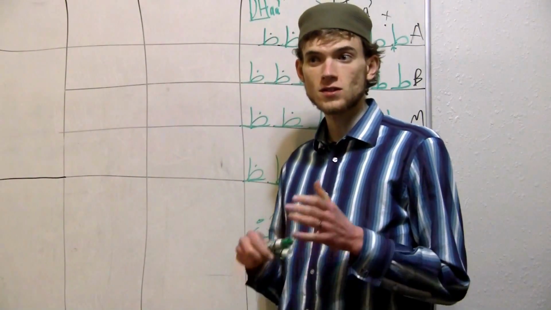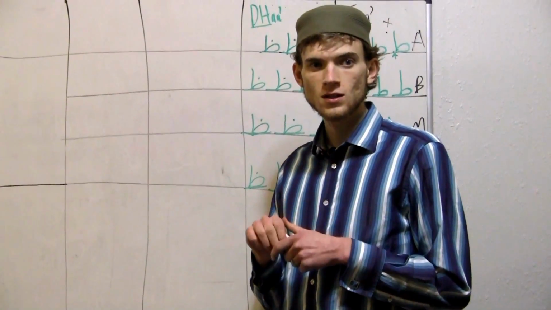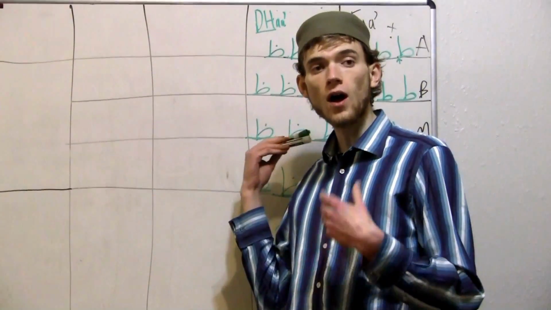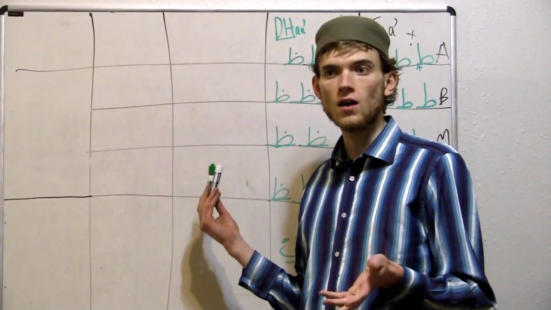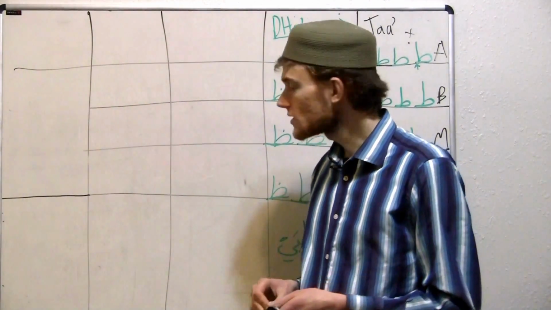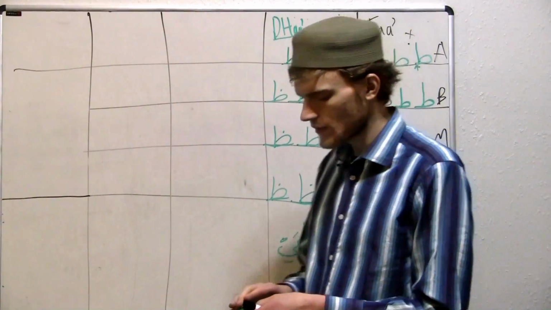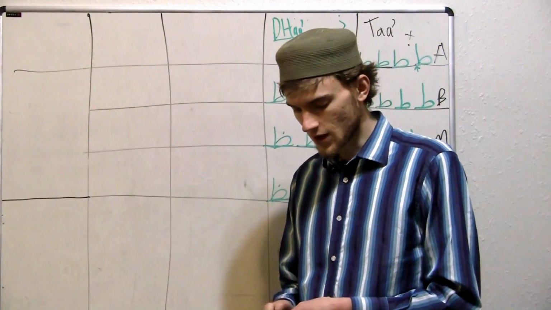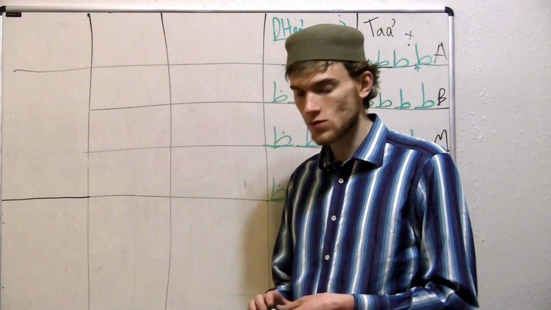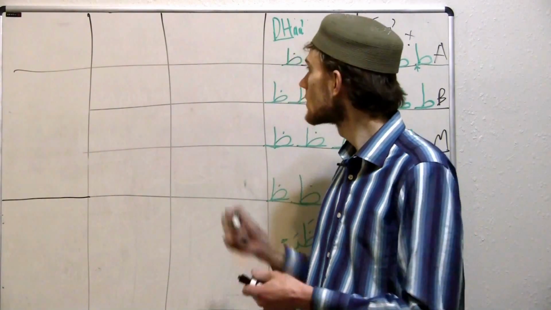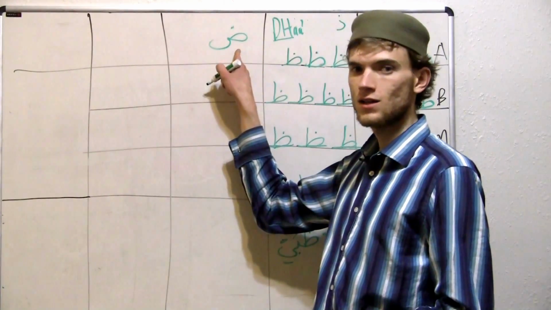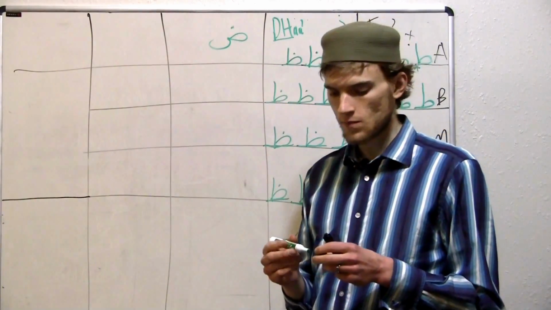Alright, any questions on the dha? Everyone once again. Ta, dha, dha. Notice that there's a difference, actually even for native Arabic speakers. Often one of the trickiest things in tajweed is distinguishing between the da and the dha.